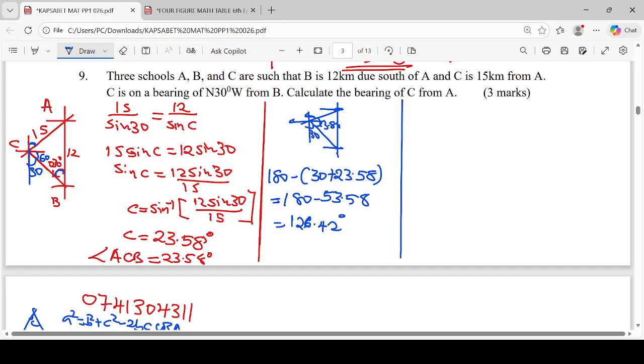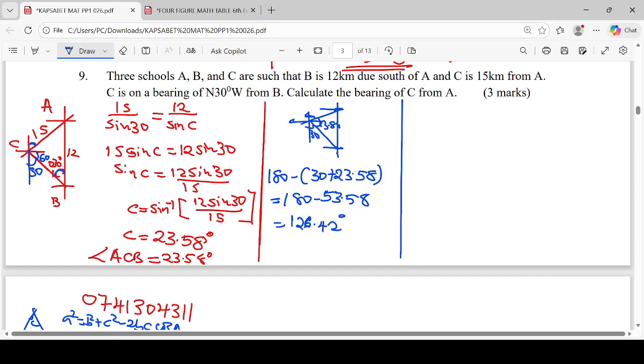When you look at 126, what does it mean? It means we have 90 plus, because 126 is 126.42, you minus 90, means 36. We have some 36 is lagging somewhere here.